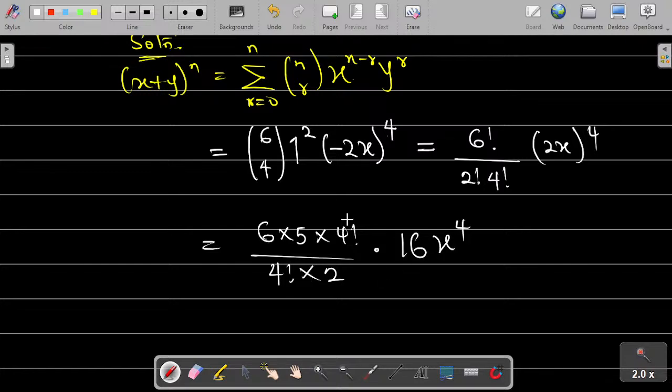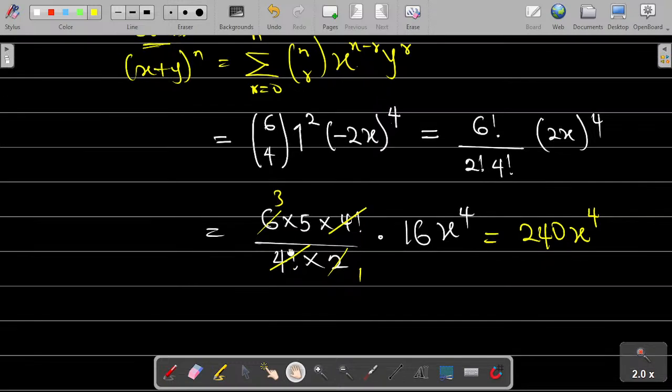Here the 2 over 2 is 1, and 6 over 2 is 3. That gives us 3 times 5, which is 15, and then 15 times 16, which is the same thing as 30 times 8, which is 240. So we have 240x raised to the power of 4.